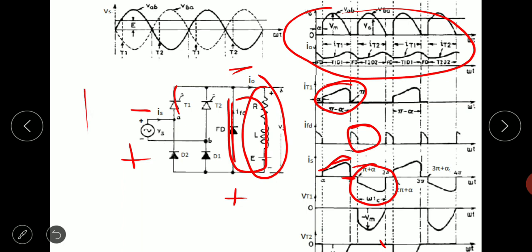IS in this case will be negative of I naught. In the first half cycle, IS is the same as I naught, and in the negative half cycle, IS is negative of I naught. I naught remains positive in all cases, whether thyristor T1 and D1 are conducting or T2 and D2 are conducting; the direction of I naught remains unchanged.